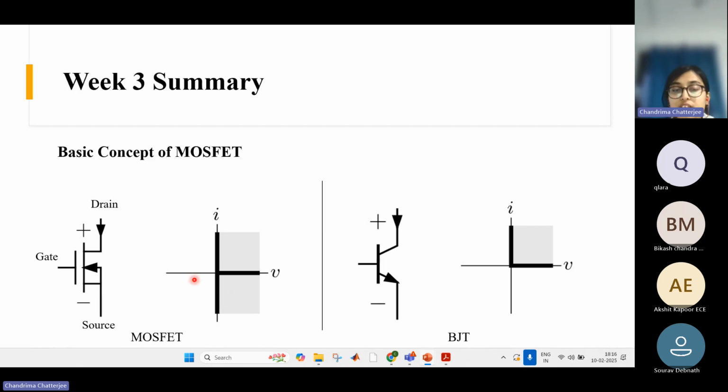So basically MOSFET can carry current from drain to source as well as from source to drain. How it carries current in both directions we will see in later slides. For now just remember that MOSFET can carry current in both directions. This is a huge advantage, right? In some applications we require bidirectional current capability, and for those applications MOSFET is more advantageous than BJT.